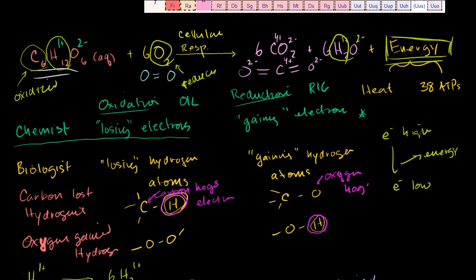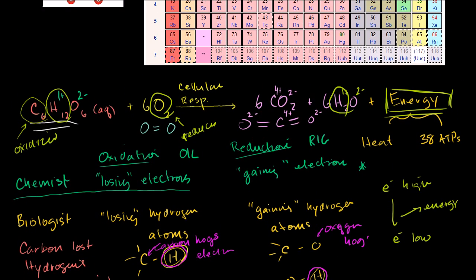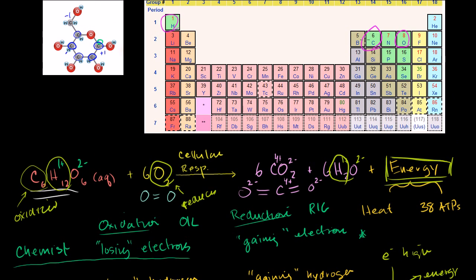And just so you can make sense of this when I start drawing out the mechanisms, which I will hopefully not make too hairy, this process of transferring these hydrogens is facilitated by molecules like NAD plus and FAD. And we'll see that. But if we just want to reconcile the two notions, as the hydrogens are being transferred from one electronegative atom to another electronegative atom, what's really being transferred is the opportunity to hog electrons.